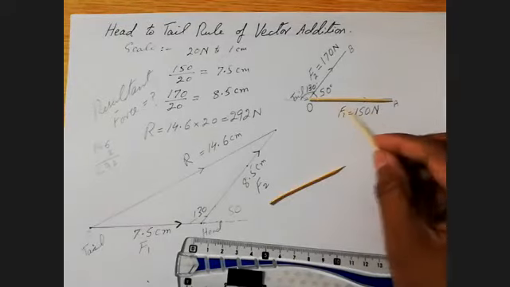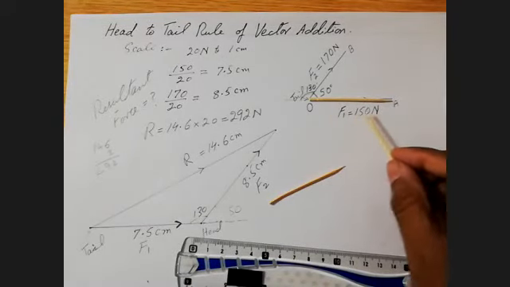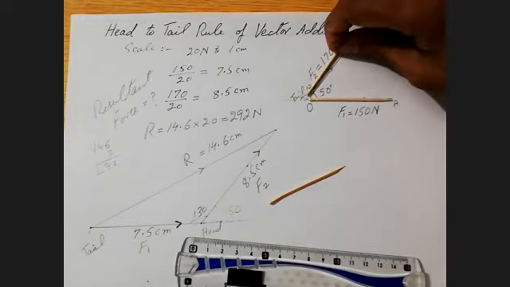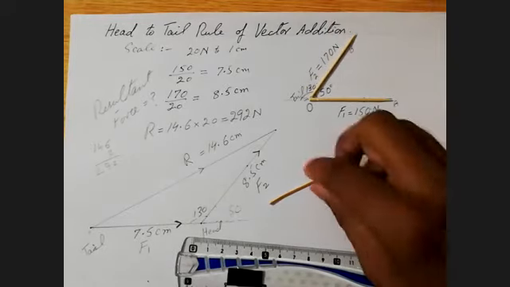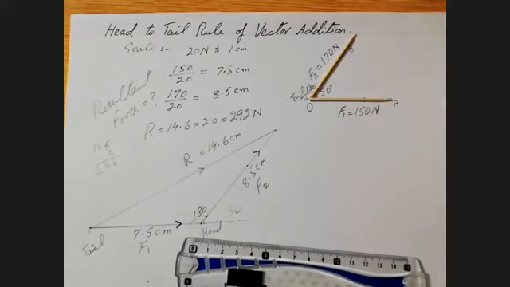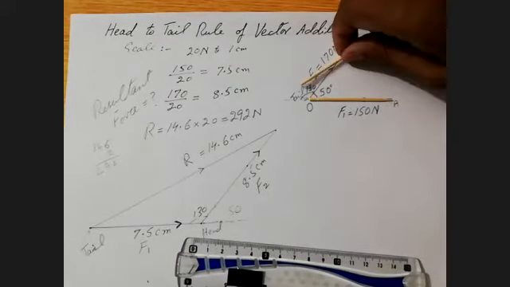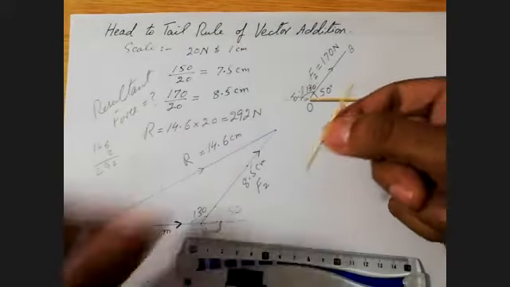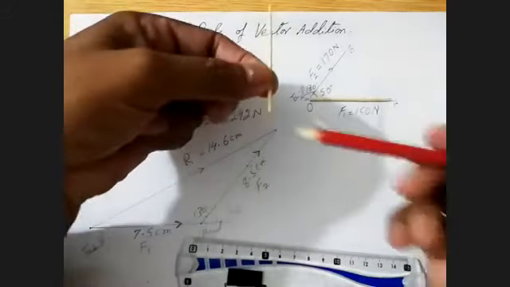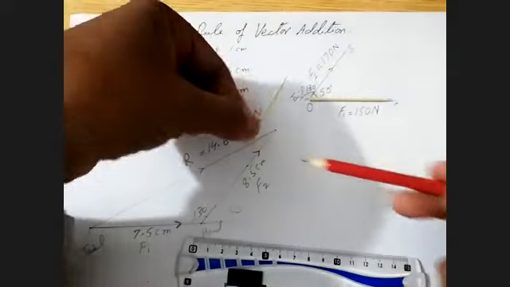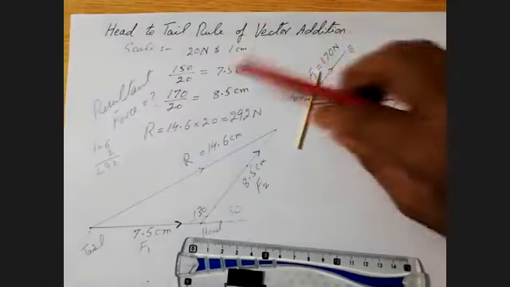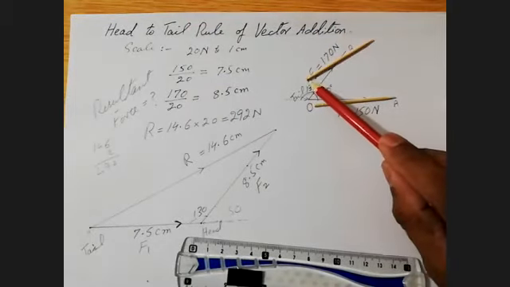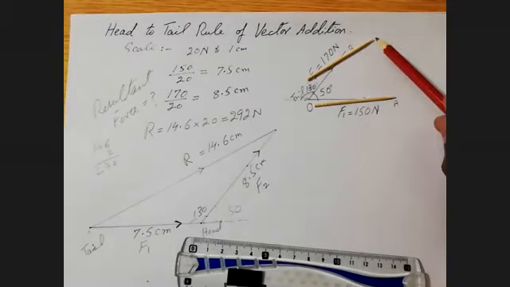With the help of this toothpick, I am showing the vector OA, and with the help of this second toothpick, I am going to show the vector OB. Now, separately, if I look at this vector, you can see that this is the tail of the vector and this is the head of the vector.